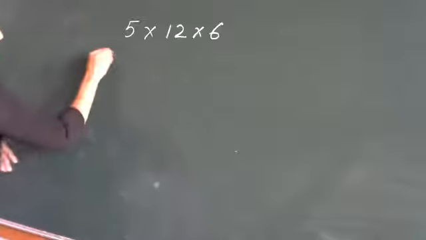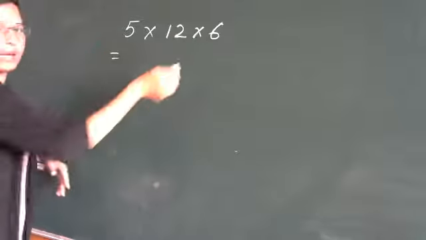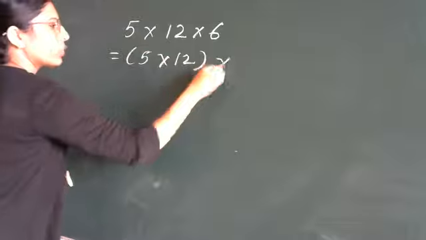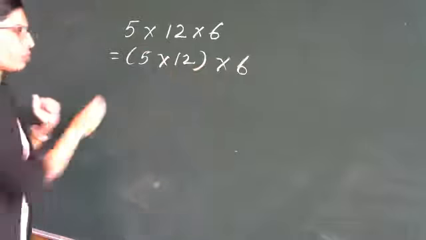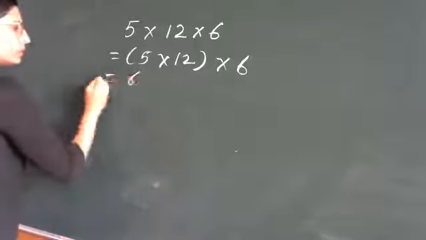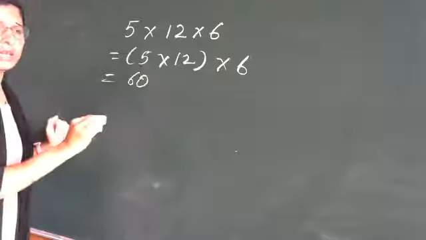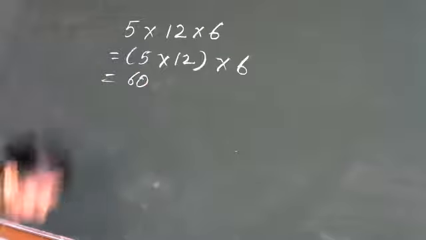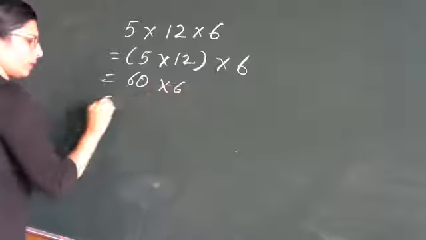We can group any two. So 5 into 12 is 60, 60 into 6 is 360.